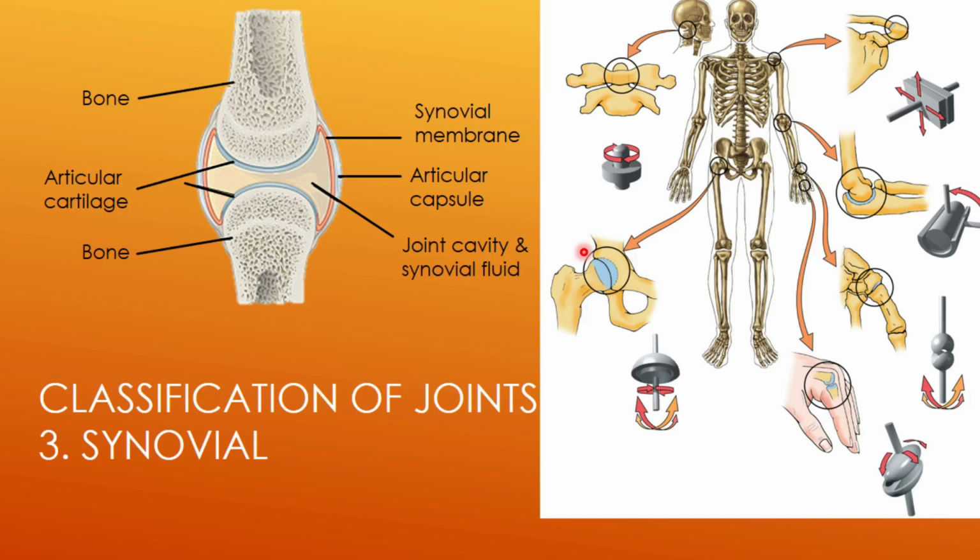The amount of movement will be restricted by external features like ligaments. But the joint itself is highly movable, so you can get your flexion, extension, abduction, adduction, rotation. You can do whatever you want.